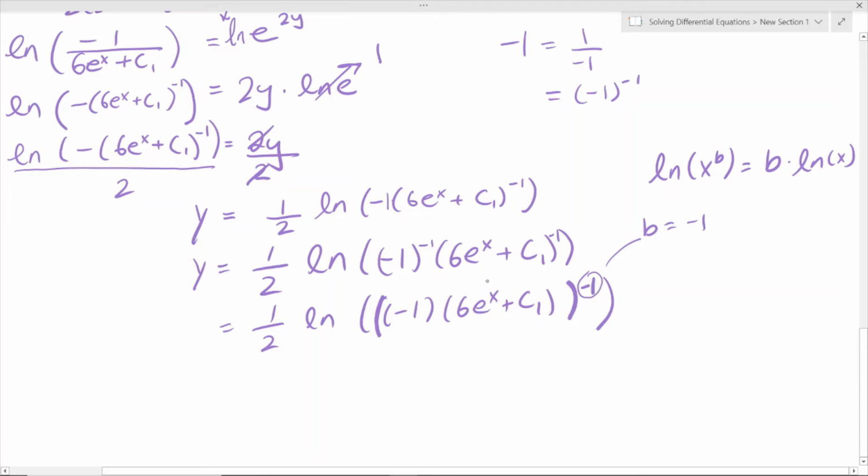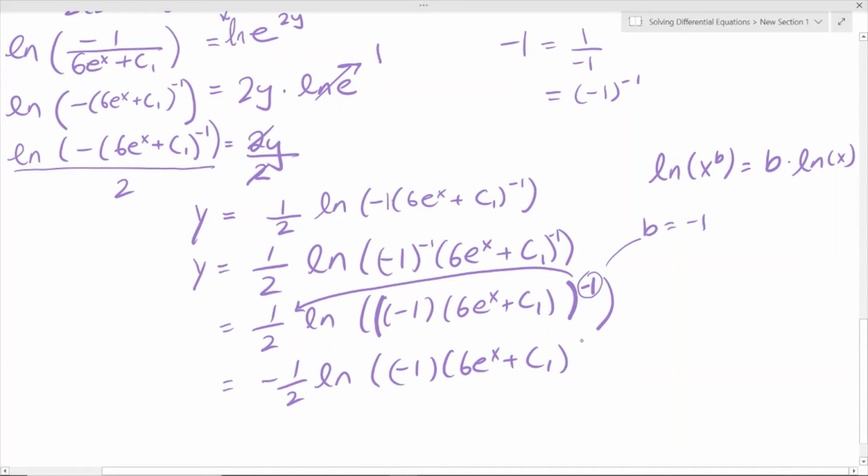So we can bring this out of the ln, and this is going to be -1 times 1/2, so it's -1/2 ln, and then whatever is inside the brackets, -1 times 6e^x plus c1, just like that.